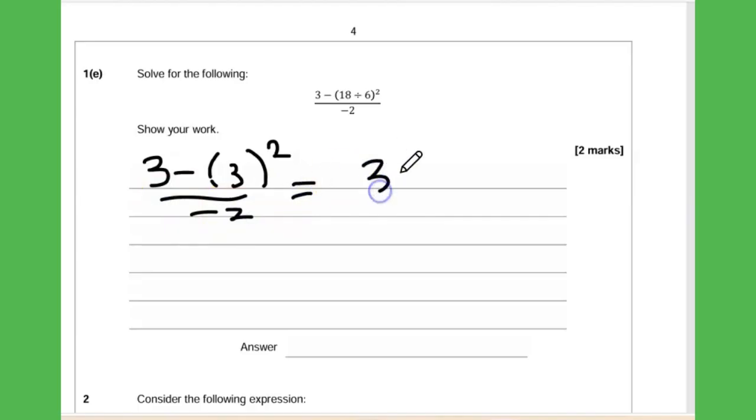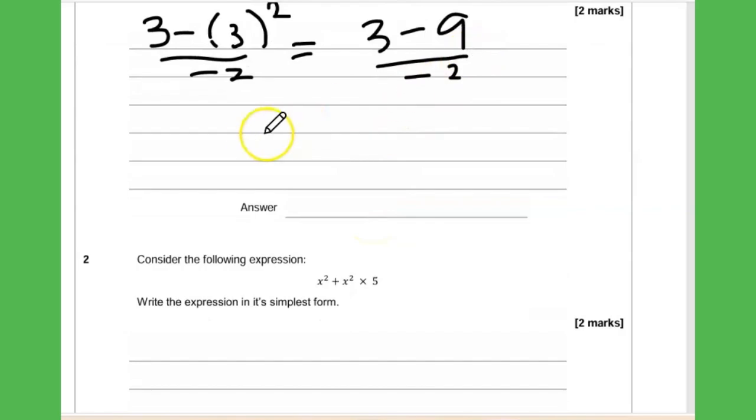We're going to have 3 minus 3 squared, which will give us 9, all over negative 2. Now we're going to simplify by saying 3 minus 9 is obviously negative 6, and that will be negative 6 over negative 2. So the negative can strike out negative. Now 2 into 6 will produce 3.